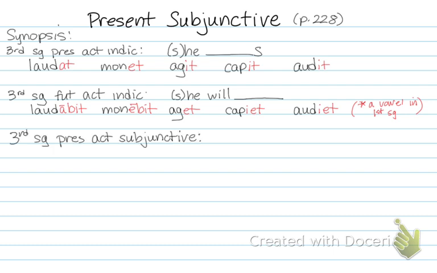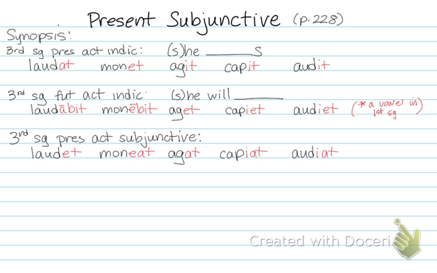And then finally, the new forms, the present active subjunctive. These are all done with a vowel change. So in the first conjugation, instead of laudat, it's laudet. Second conjugation, moneat. Third, agat. Third io, capiat. Fourth, audiat. This theme vowel occurs in all forms of the present active and present passive.